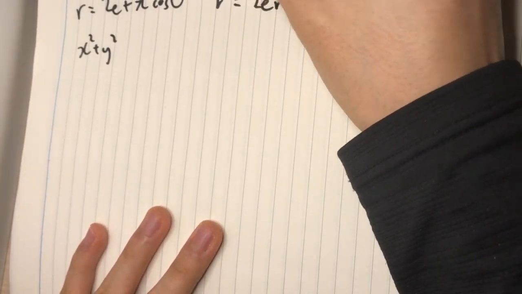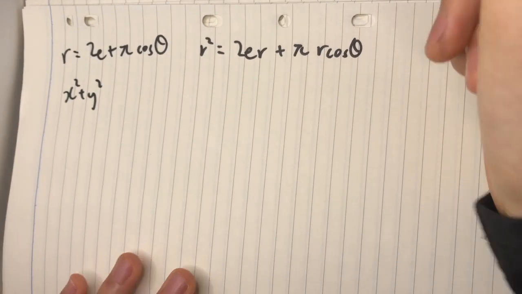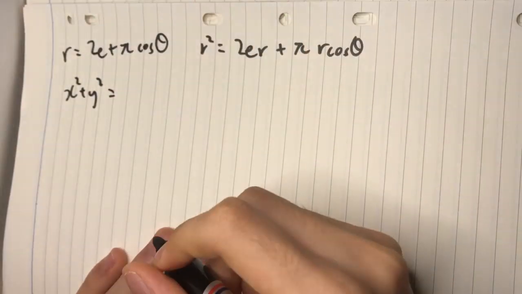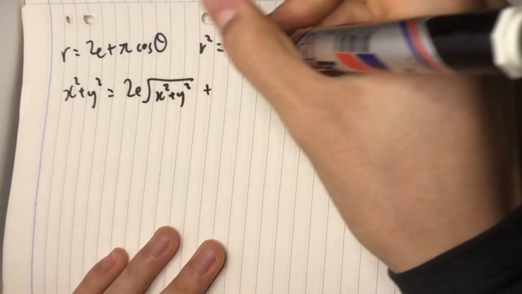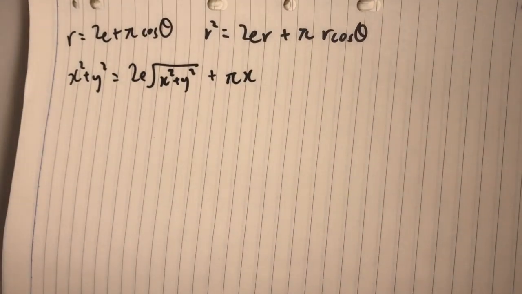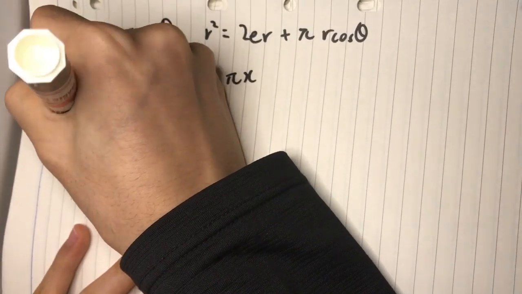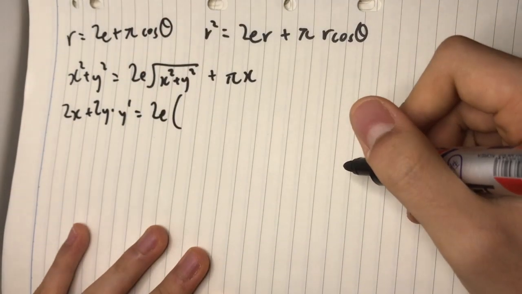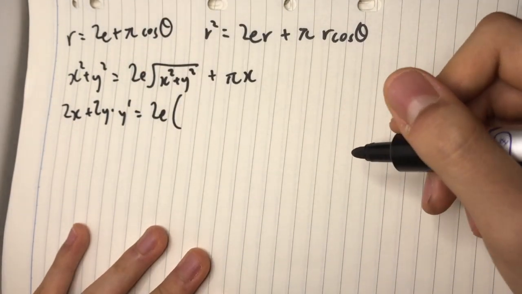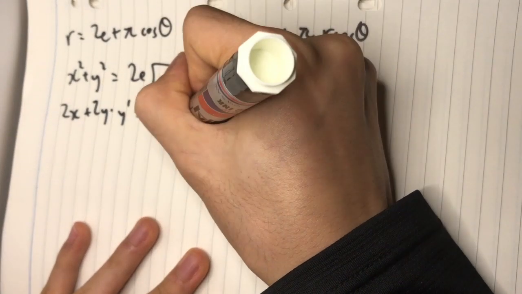Let's turn this into rectangular form. You multiply r to both sides and then you do the conversion. The conversion is as follows. So we're going to do an implicit differentiation of this entire equation, and you multiply y prime every time you differentiate anything with a y on it.